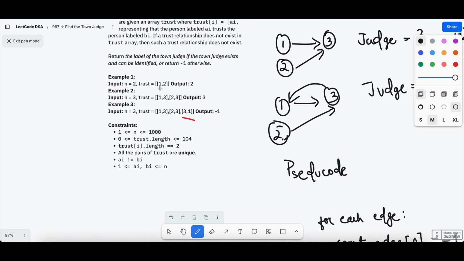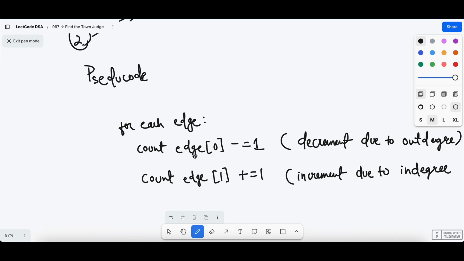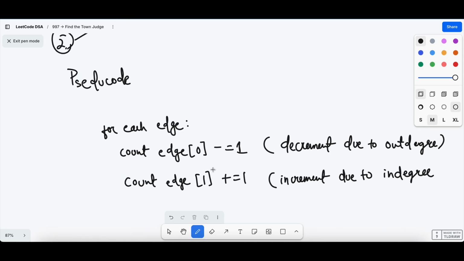You can see this first vertex points to the second vertex in a graph. So that's why for out degree, due to this edge we decrement by 1, and for this edge we increment, and store it in a trust count array.